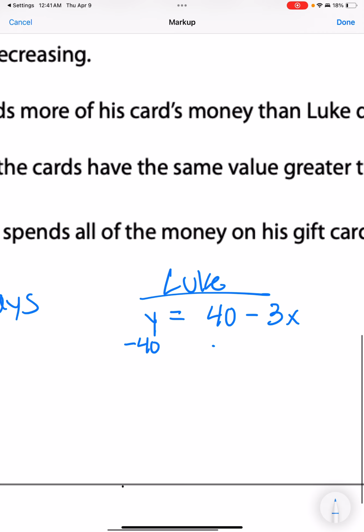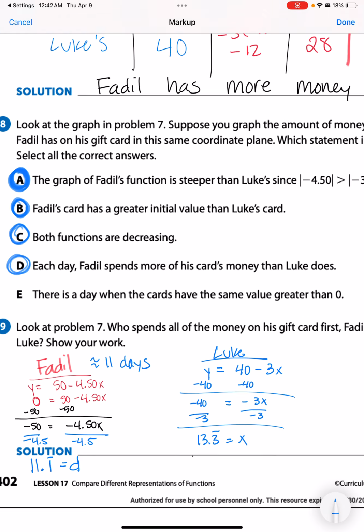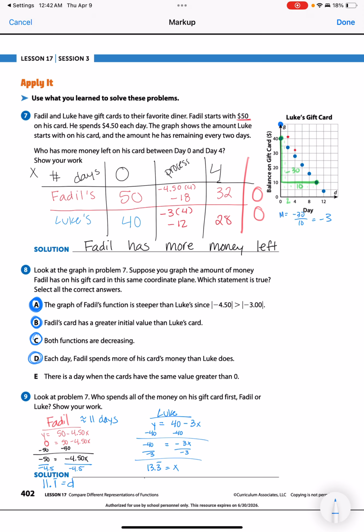Subtract 40. Equals negative 3x. Divide by negative 3. 13.3 repeating. So the person who spends the gift card money first is the person who has the lowest number of days, which is Fadil.